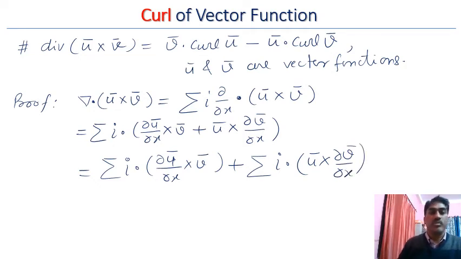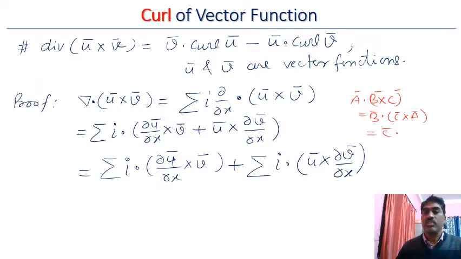Now we will use the vector identity A dot B cross C, which can be written as B dot C cross A in circular form, and that is equal to C dot A cross B.